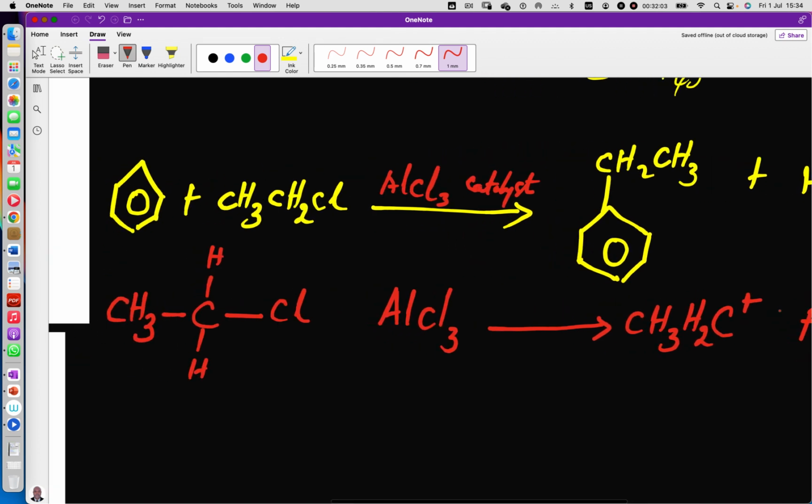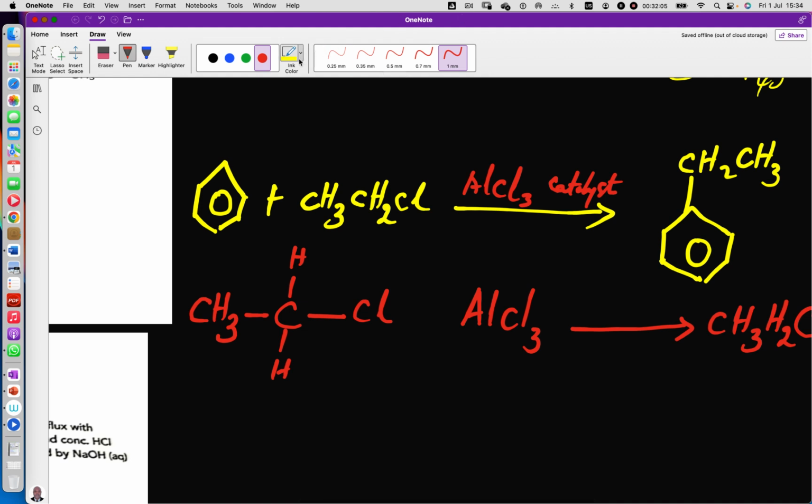Okay, this is what is happening here. What you see here is this. This is a partial positive. This is partial positive. And this is partial negative. Now, there is a lone pair of electrons, a dative covalent bond that is formed between this and that.